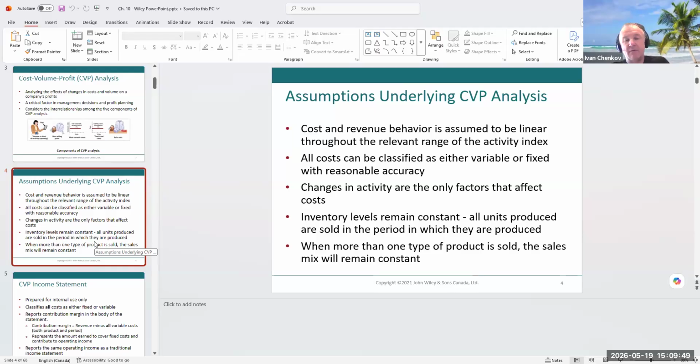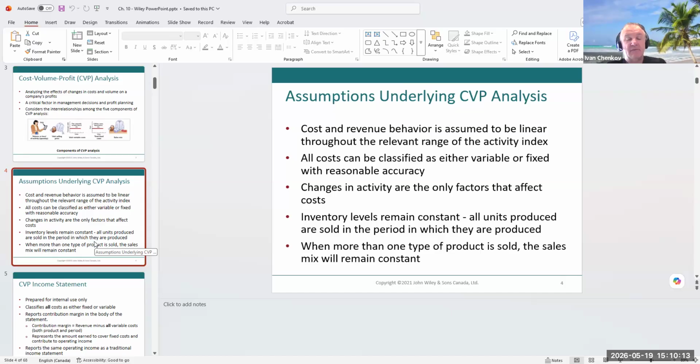So we are super black and white with the cost. If it's not variable, it has to be fixed. If it's not fixed, it has to be variable. The other thing is that changes in activity are the only factor that affects the cost. So the only thing that drives the cost is the number of units that we're selling or not selling.